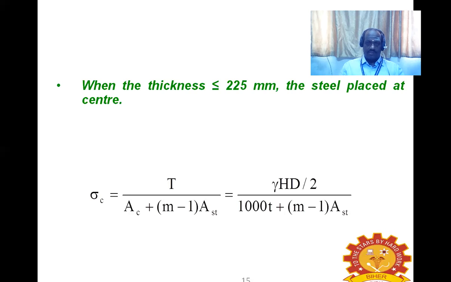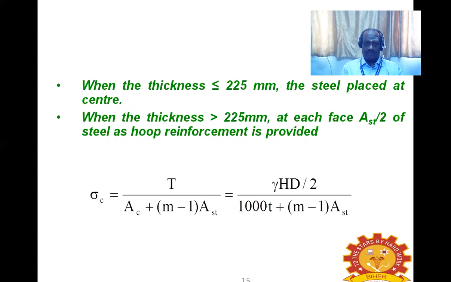When we are finding out the thickness using this formula, when it is less than or equal to 225 mm, then the reinforcement for the tank can be placed as only one layer, that too placed at the center of the tank.